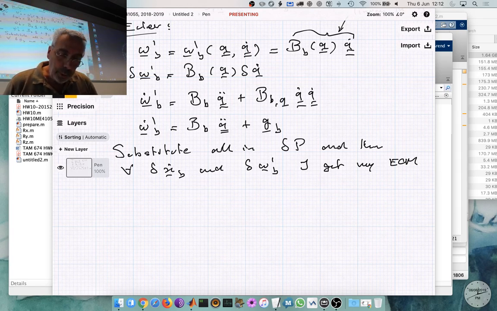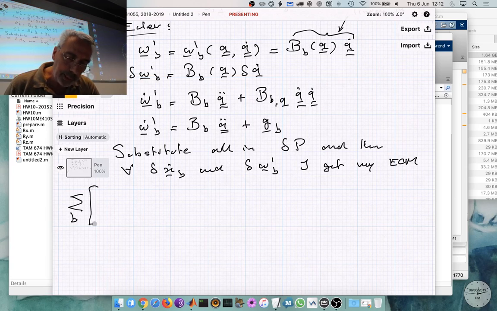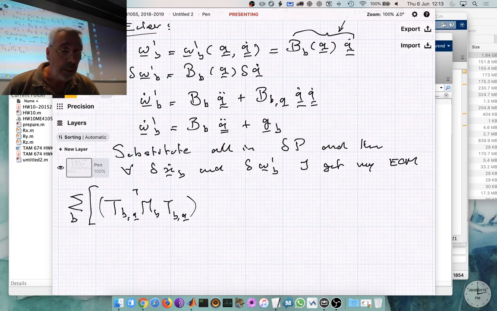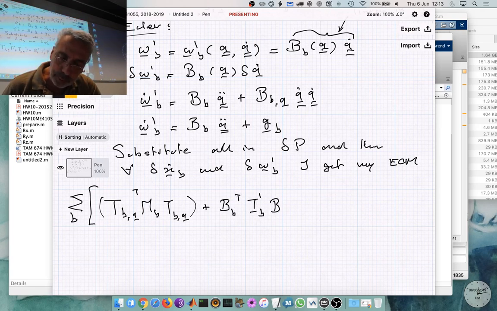So how does it work? Finally I get something like this: sum over the bodies, big bracket. I get all these transformation matrices, T_B,Q transpose M_B T_B,Q, right? So that is for the Newton part. But I also have, of course, my Euler part, and then I get my B_B transpose times my inertial stuff times B_B. Close the bracket, and I get Q double dot.